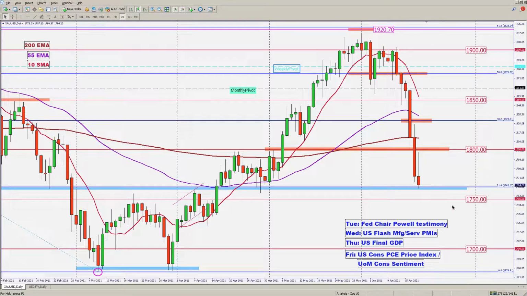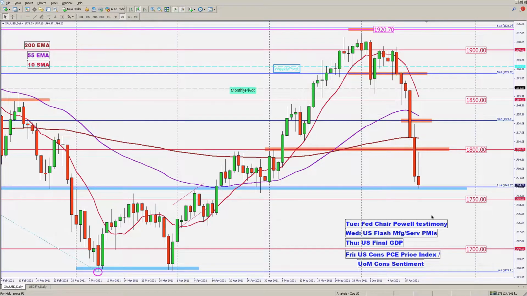So yes, I think 1750 should not present much of a support. So it could be between 1750 and 1700, so around 1725. That could be a potential intermediate support.